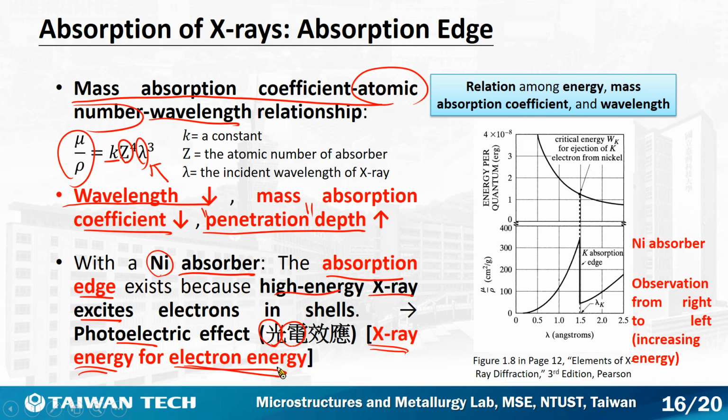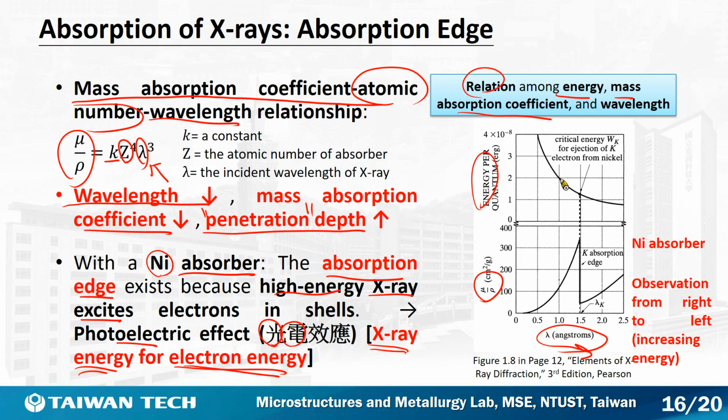First, let's see how it works from the right-hand figure. This is about the relation between energy, mass absorption coefficient, and wavelength. As we know, increasing along this direction is the wavelength lambda, right? With increasing wavelength, the energy of X-ray will decrease.